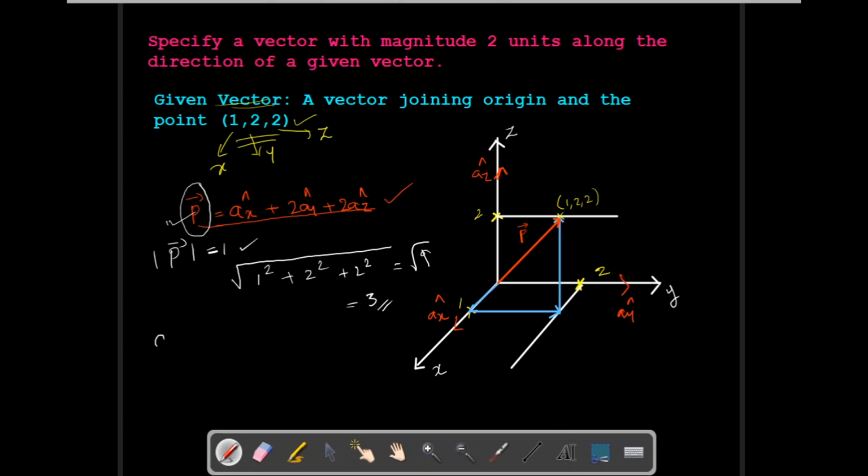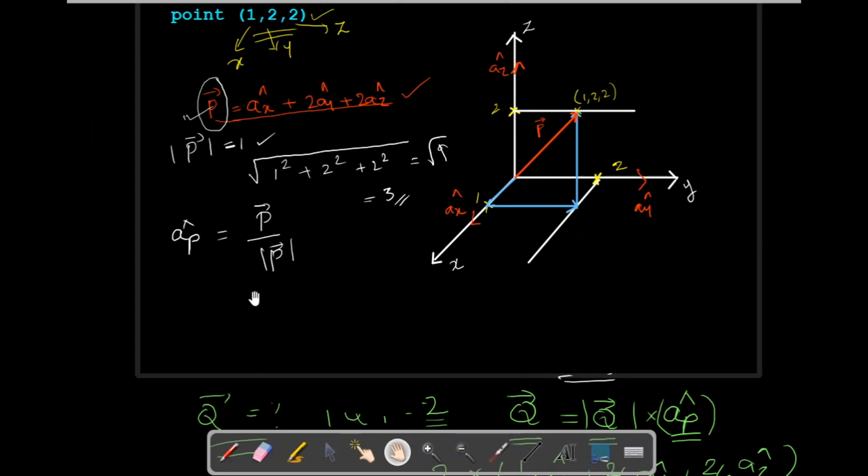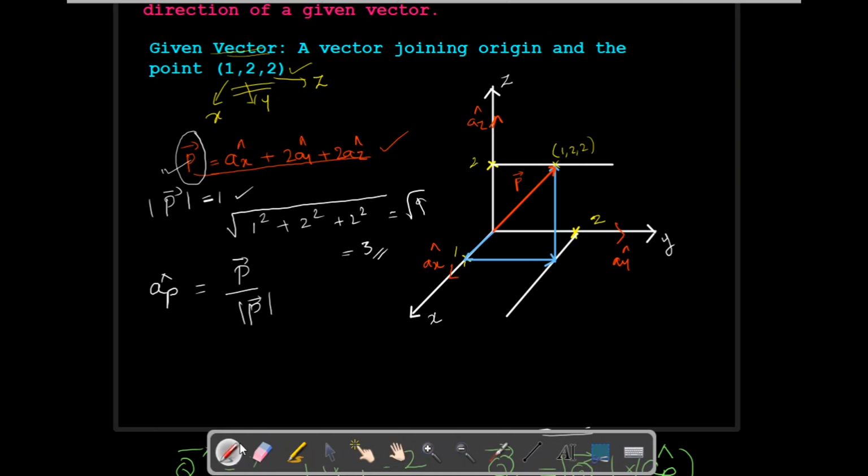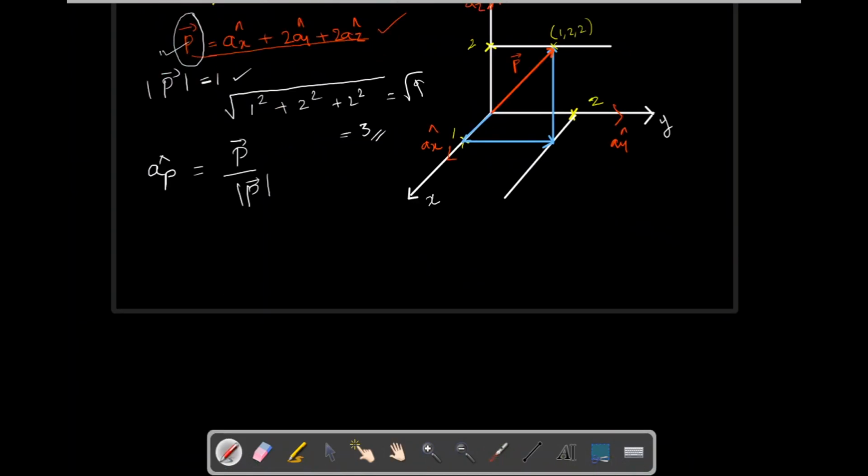So let me name it ap vector. How to find the unit vector in the direction of p vector? It is that vector divided by the magnitude of that vector. So p vector is ax cap plus 2 ay cap plus 2 az cap divided by 3, because the magnitude of p is 3.